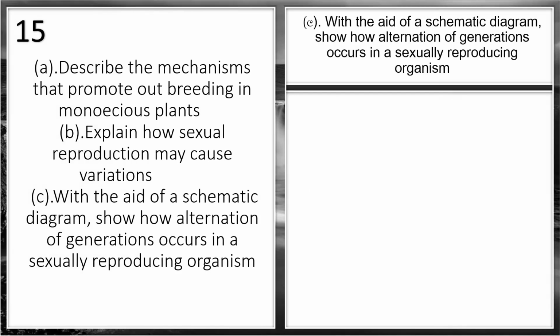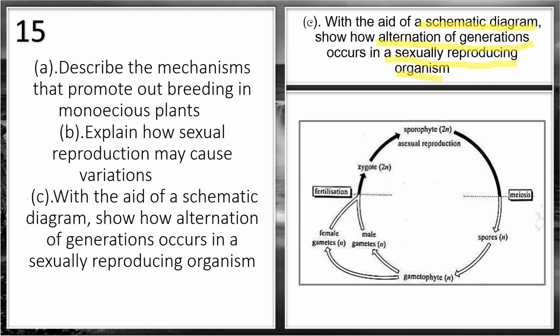Part C, with the aid of a systematic diagram, show how alternation of generation occurs in a sexually reproducing organism. When you look at this schematic diagram, you will see we have the sporophyte, which is diploid, 2N.